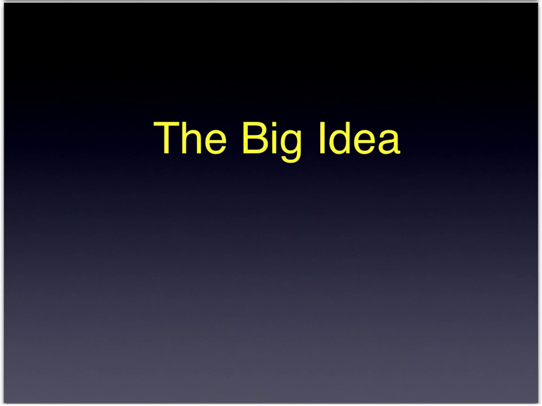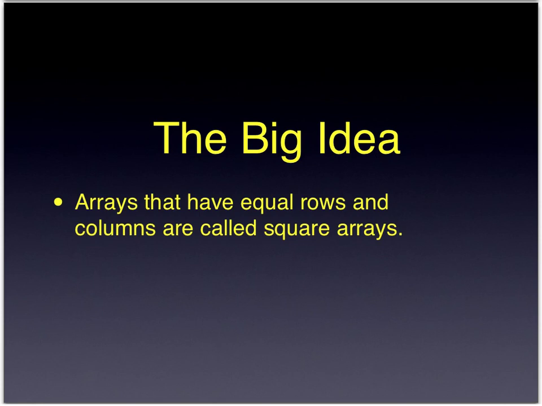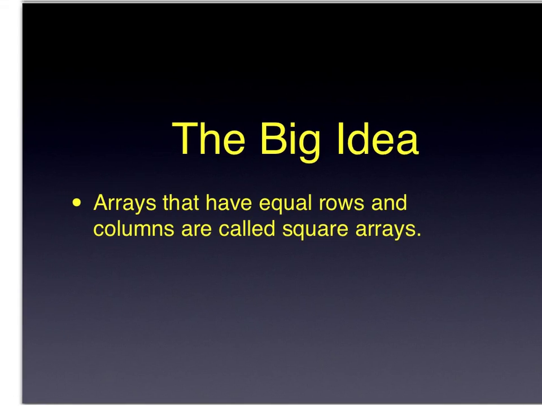So what is my big idea? Arrays that have equal rows and equal columns are called square arrays.